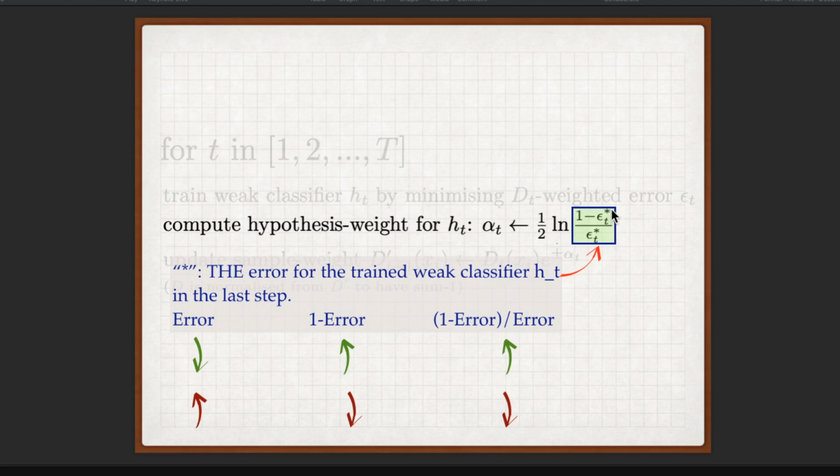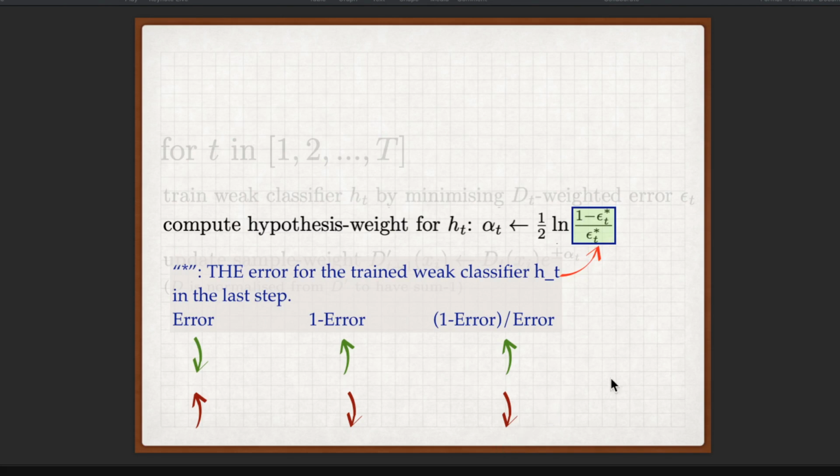As we have seen in the learning framework, the returned hypothesis, the best hypothesis, the selected hypothesis is denoted using a star. When the error is large, then one minus the error is small, the numerator is small, and the denominator is large.